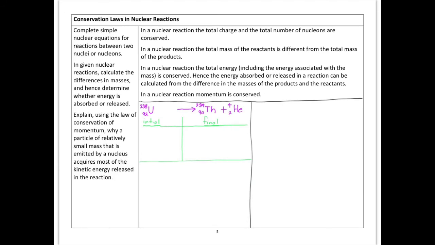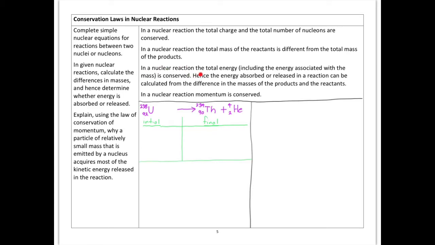Okay, let's look now at the other conservation laws in nuclear reactions. So we've just really said that our traditional understanding of conservation of energy and conservation of mass don't really apply in nuclear reactions. In nuclear reactions, the total mass of the reactants is different from the total mass of the products.